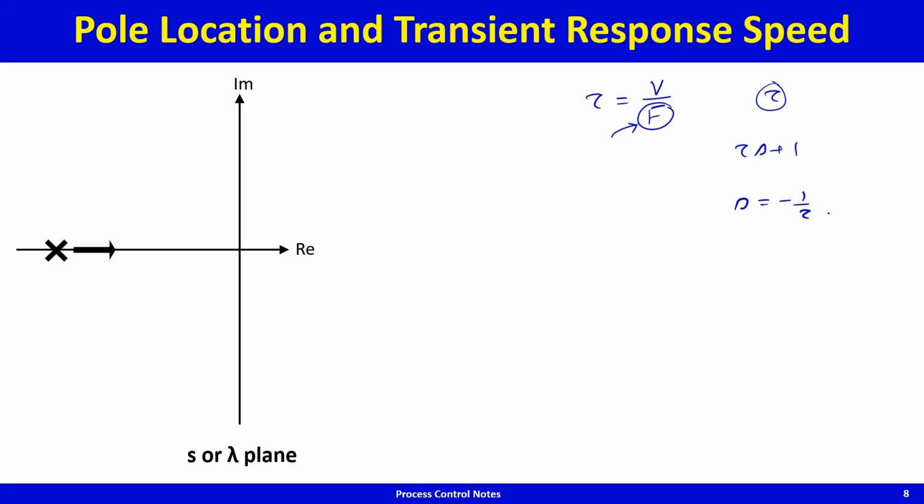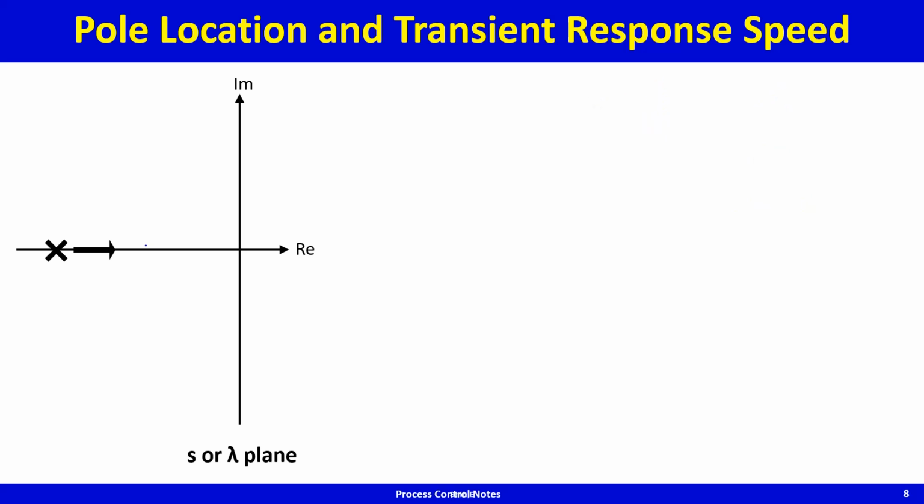So if f has decreased, tau has increased. If tau has increased, s would move rightwards. Yeah, so this movement in roots is very common because operating conditions or system characteristics change, or sometimes you may also change the controller tuning, and that can cause movement in the roots.